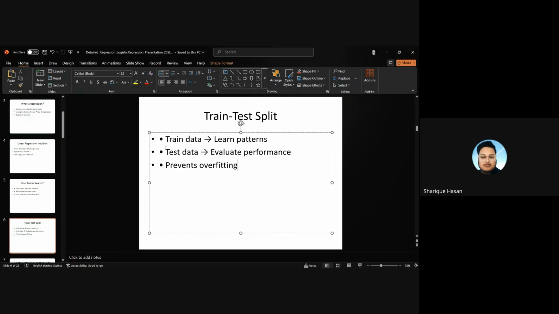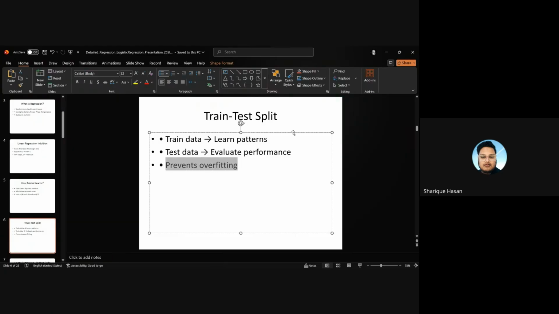To evaluate the performance of what we have taught the model, see whether the model is performing well or not, and to prevent overfitting.